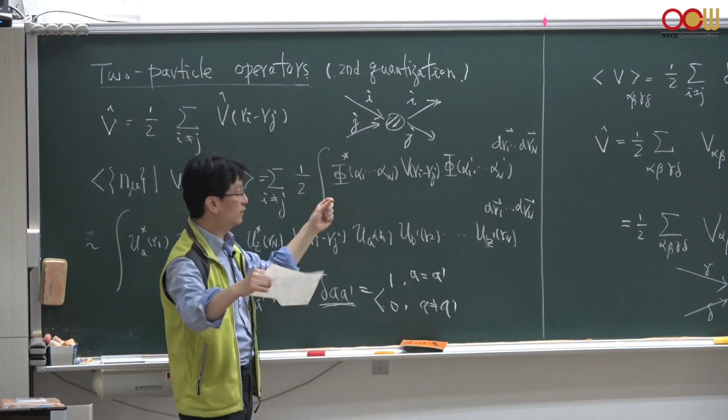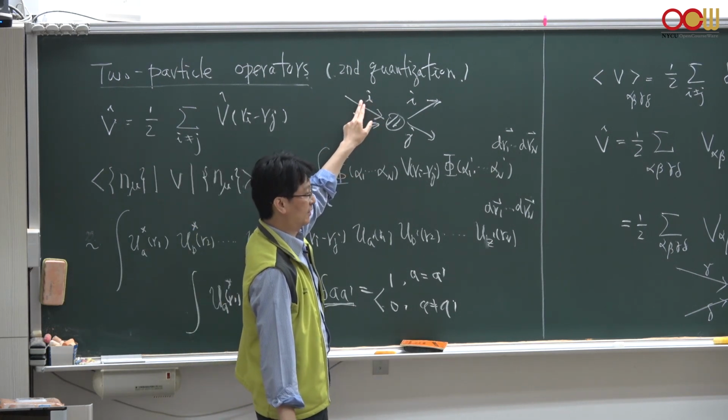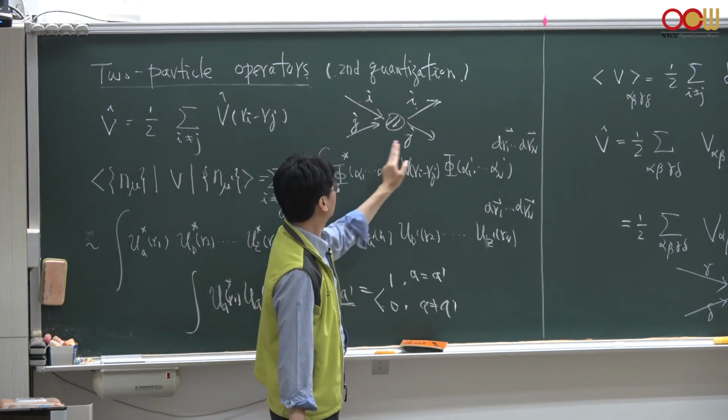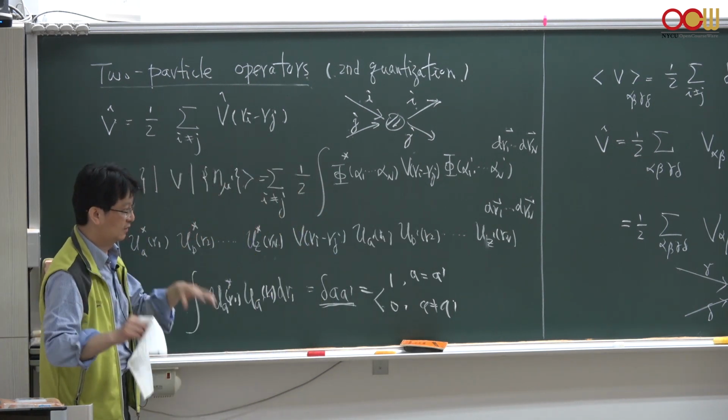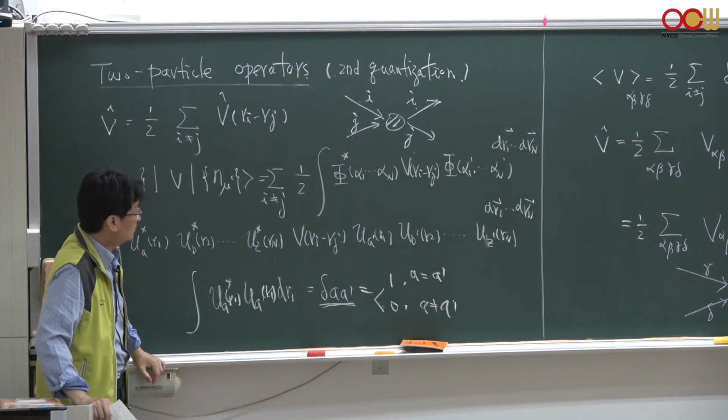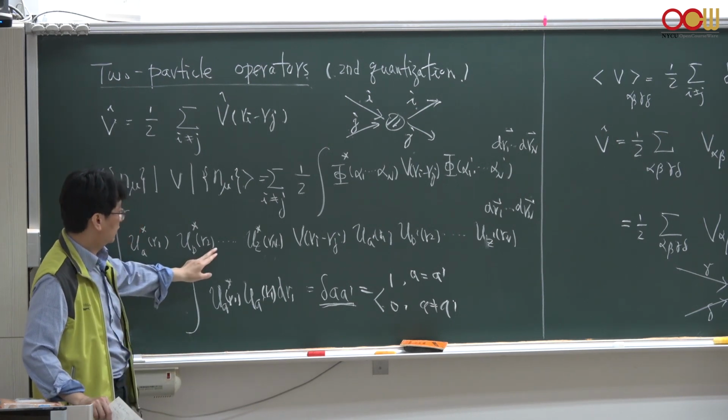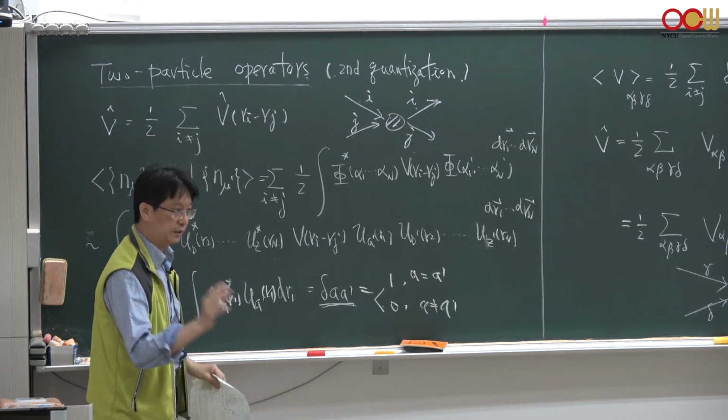When they get scattered, the i-th particle is still at the i-th position, and the j-th is still at the j position. There's no mixing and no hopping.